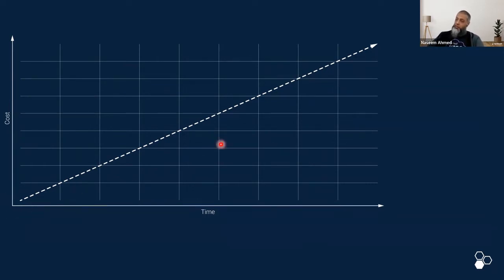So in this graph, I'm going to use this white line as the demand for IT infrastructure over the period of time as the business scales. So as the business scales, the assumption, if everything goes well, is that this is how the business is going to grow.